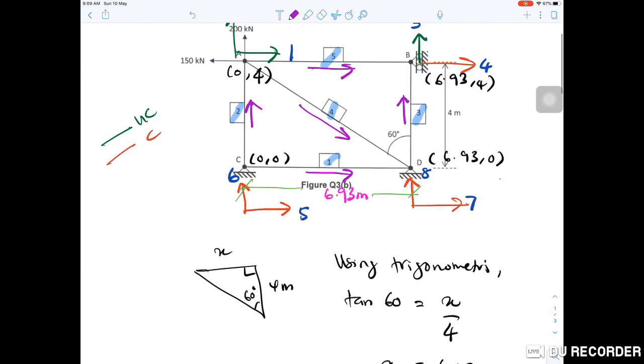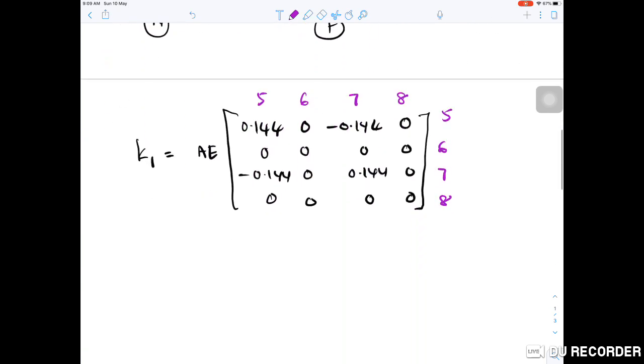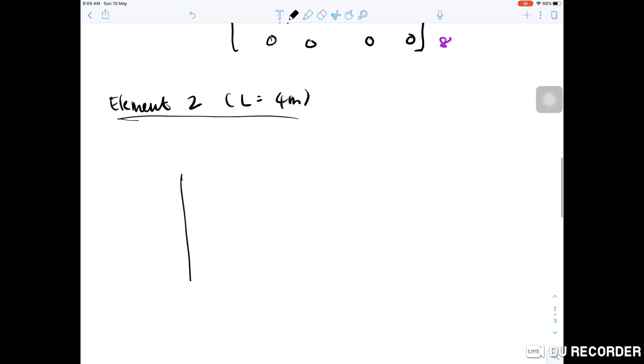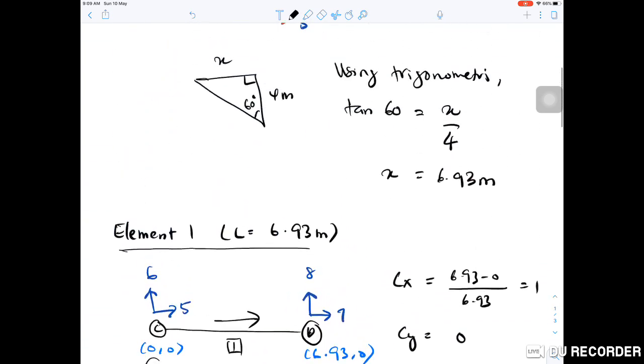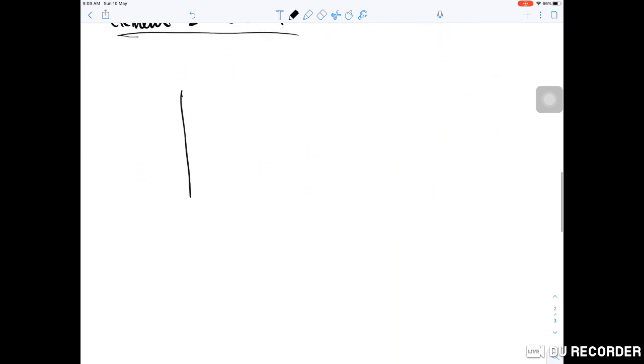K2 is a vertical member. Element number 2, the length is 4 meter. This is the element joining C and A, C here and A here, with the arrow like this.